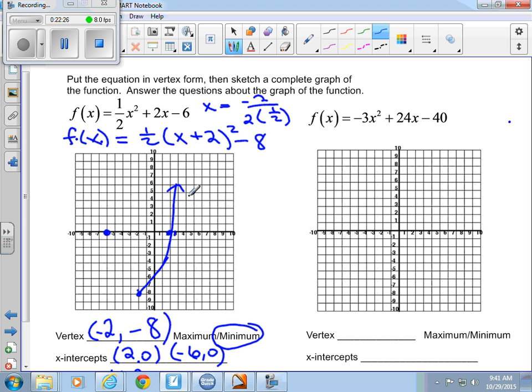Okay, let's do another one. You try this one. So do the one on the right. Answer all the questions, graph it, find the x-intercepts.